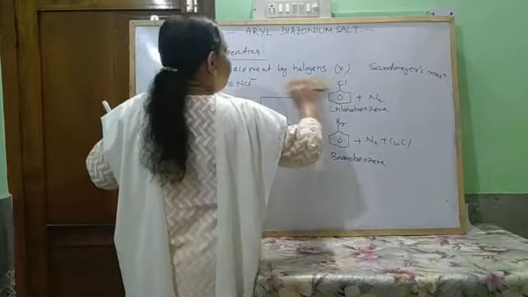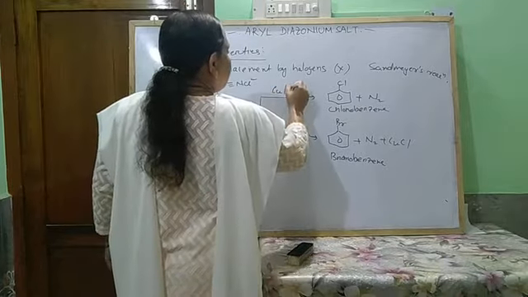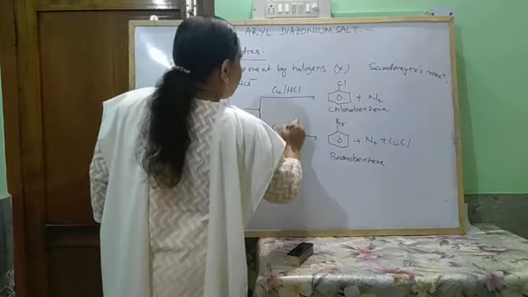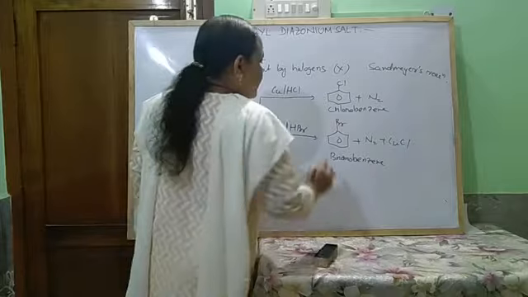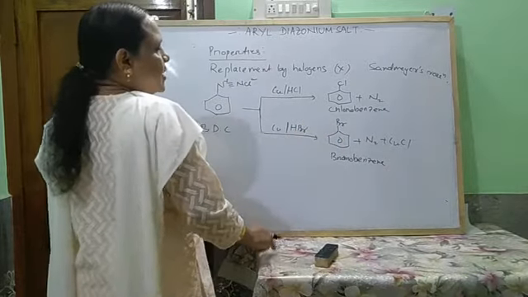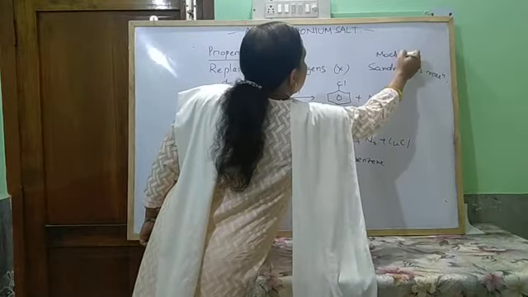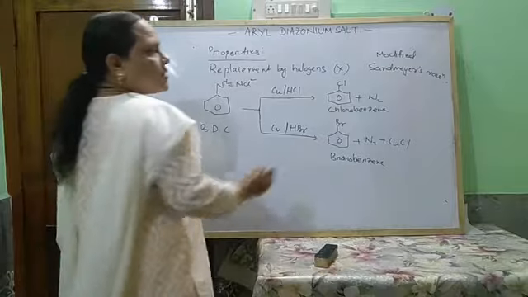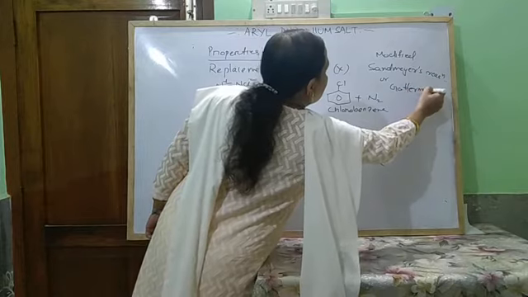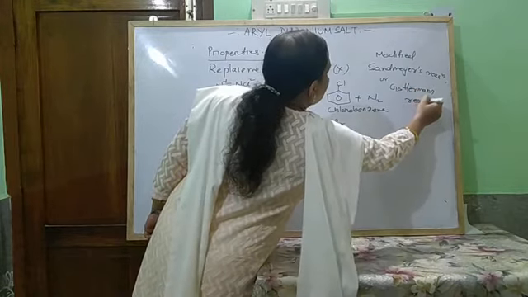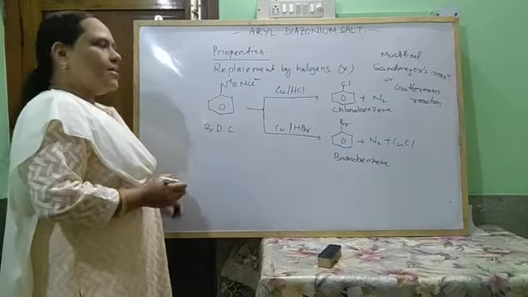Suppose we take copper in the presence of HCl or copper in the presence of HBr, then it also forms chlorobenzene and bromobenzene. This reaction is known as the modified Sandmeyer reaction or Gattermann reaction.